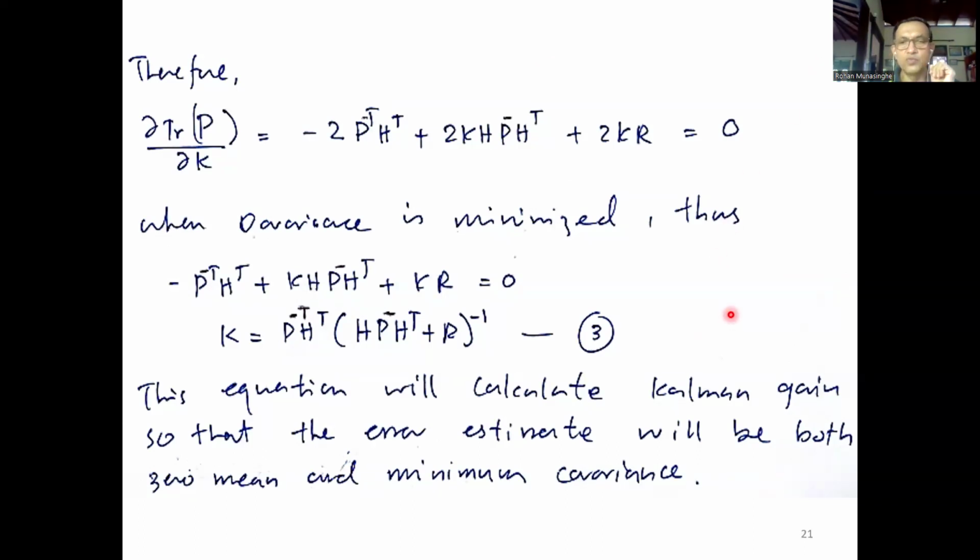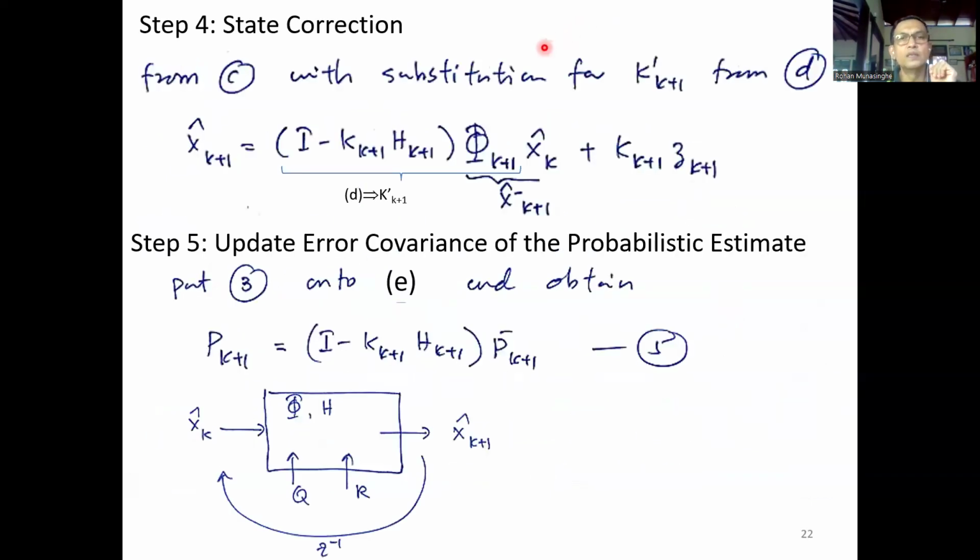All right, let's move forward to step 4. Step 4 is this. From the equation C earlier, with substitution for K dash K plus 1 from D, you can write it down like this. I think you remember this equation, the state prediction. The Kalman filter estimate at k plus 1 is coming from this portion times x hat k.